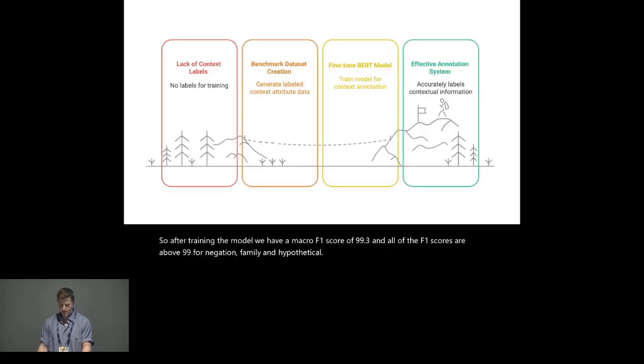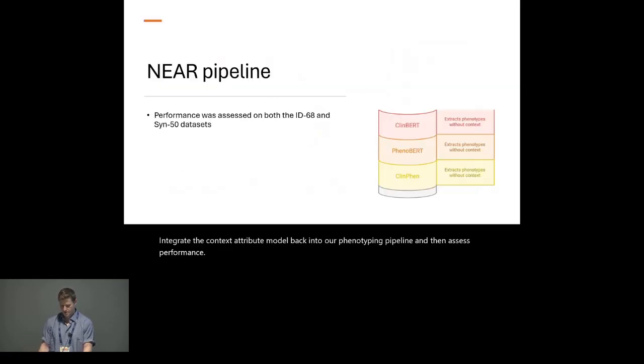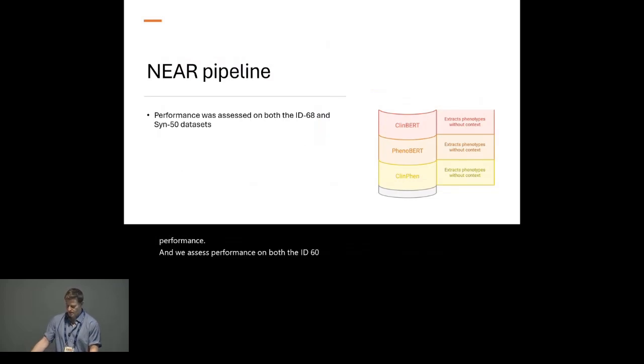So now we're going to integrate the context attribute model back into our phenotyping pipeline and then assess performance. We assess performance on both the ID68 and our synthetic data sets.